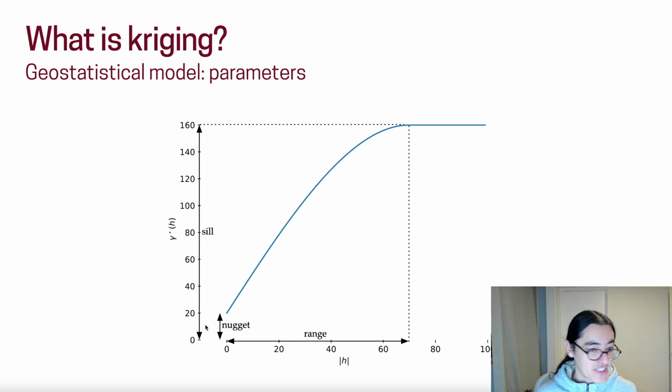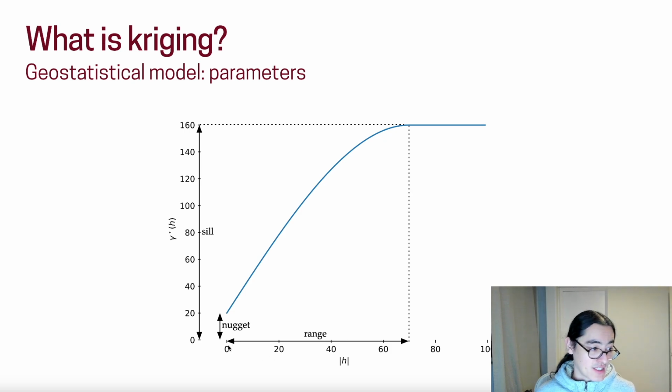The sill is basically the maximum difference that you can find between values. In other words, there's a certain distance at which there's basically no spatial correlation between the points. So the sill tells you what is the maximum dissimilarity there.